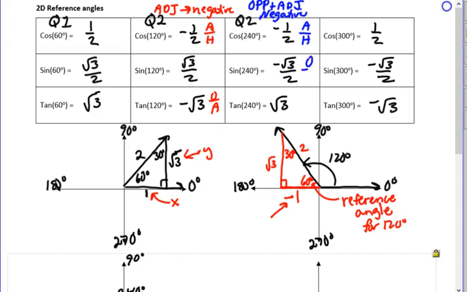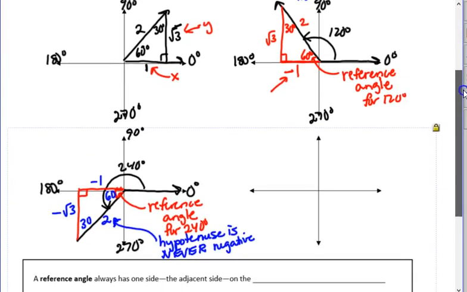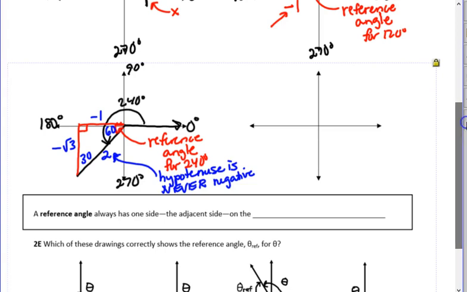This is opposite over hypotenuse, which makes sine negative. But opposite over adjacent, we have a negative over a negative, which gives me a positive. Okay, so negative divided by negative is positive. Tangent is actually positive in quadrant 3. Now, you probably can figure this one out pretty quickly, having seen all the other ones.